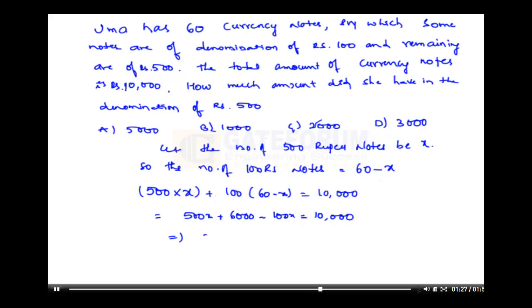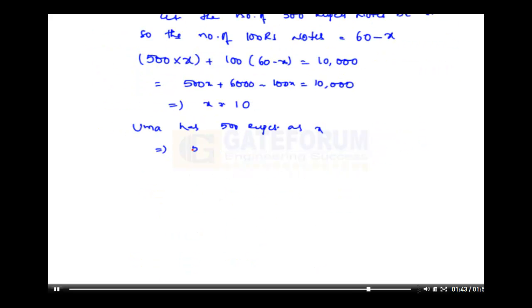So this gives x value as 10. Here Uma has 500 rupee notes as x. So 500 into 10 is nothing but 5,000 rupees Uma has here. So the option goes to option A.